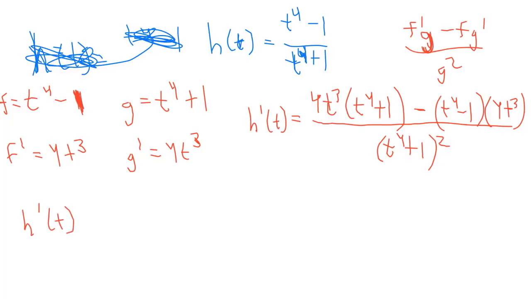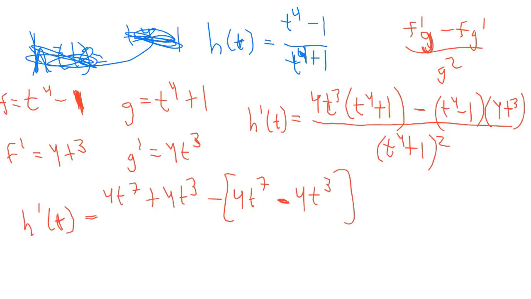So if you look at the numerator, you'll see 4t to the 7th plus 4t cubed minus 4t to the 7th. So I'm going to put this in brackets so we don't mix up whether things are plus or minus. So minus 4t to the 7th minus, on the inside of the brackets, 4t cubed.